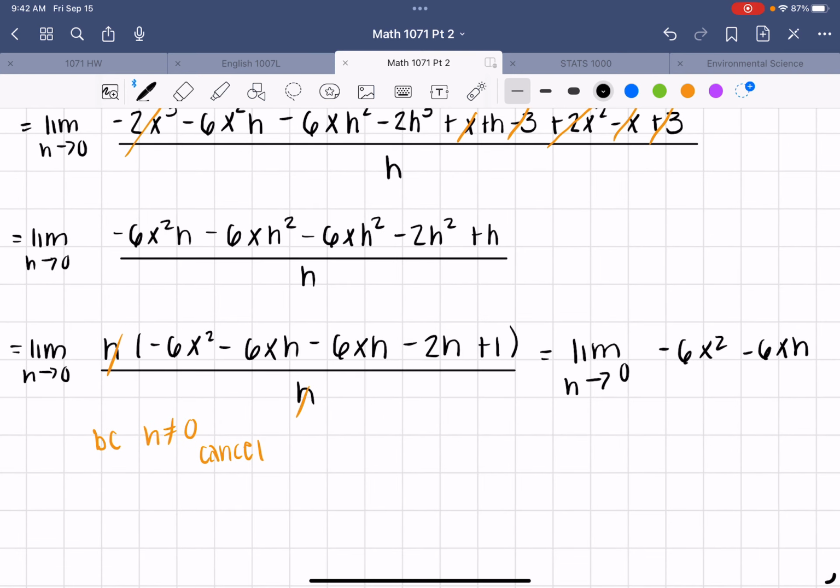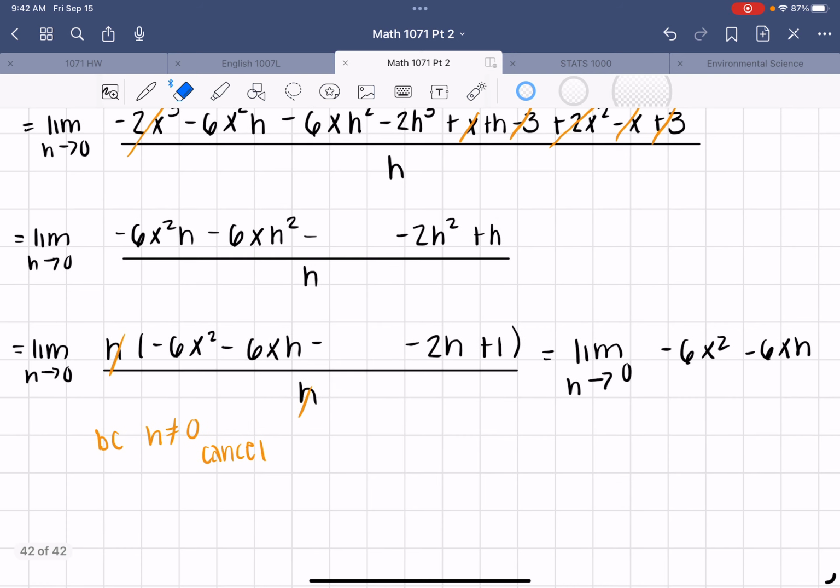So that's why you now see why the derivative of x cubed is 3x squared. Because it's only the second term of your expansion that has survived to the final answer.